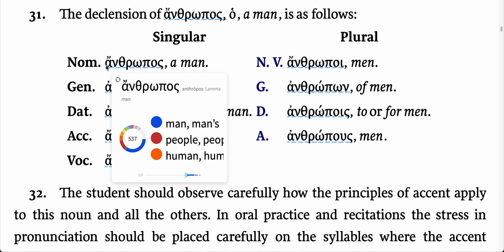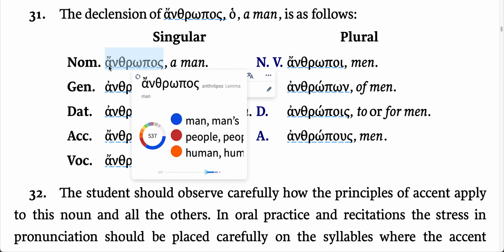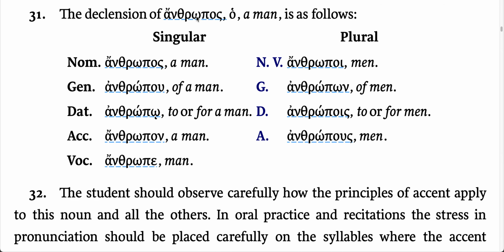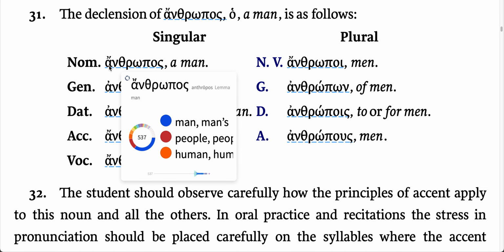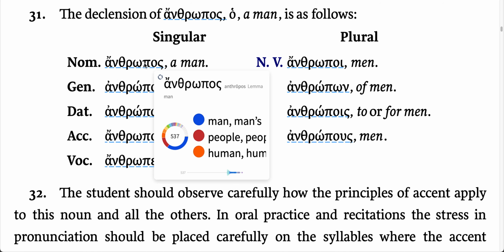So, anthropos. Alpha, nu, theta, rho, omega, pi. Those letters represent the stem of the word.